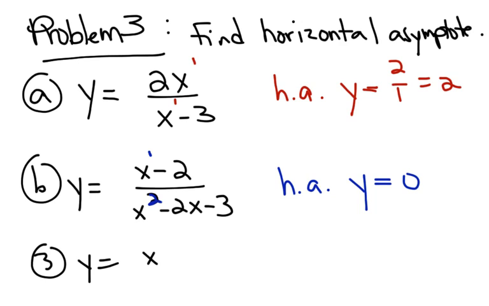Y equals x squared over (2x minus 5). So the degree of x in the numerator is 2, the degree of x in the denominator is 1. When the numerator is bigger, there is no horizontal asymptote. The reason we're finding horizontal asymptotes and vertical asymptotes is because we're going to use that to help us draw sketches of rational functions.